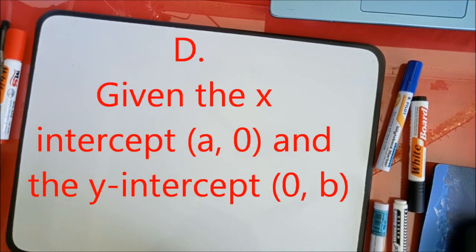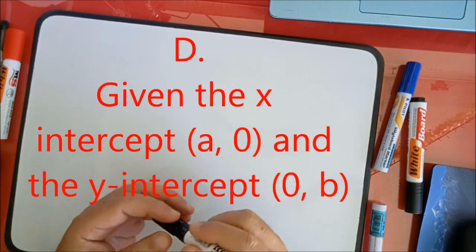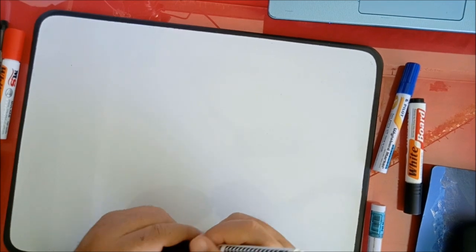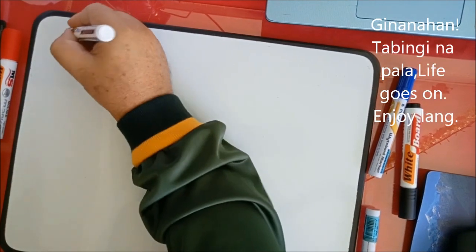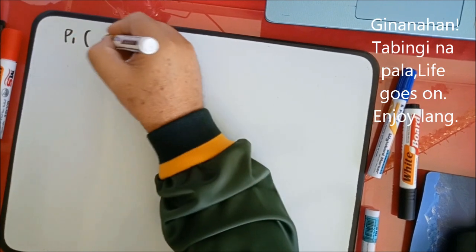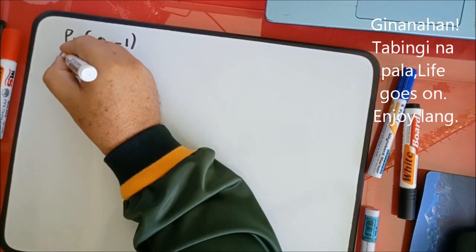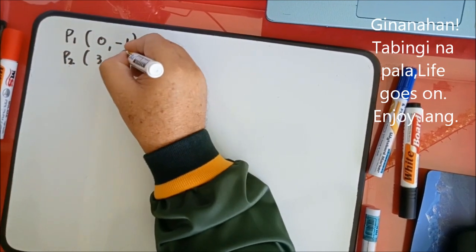Okay, next topic. We have the x-intercepts and the y-intercepts. Okay, halimbawa, meron tayong point 1, which is 0 and negative 1. We have another point, 3 and 0.